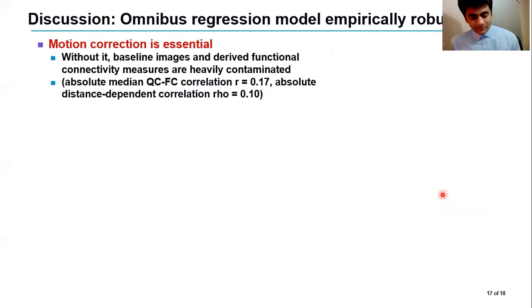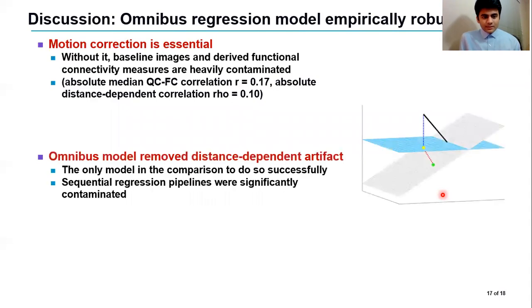So as we've seen from these results, motion correction is essential, because without it, the baseline images and the derived functional connectivity measures are heavily contaminated. Further, the omnibus regression model removed distance-dependent artifact completely, and this was the only model in our comparison to do so successfully. And again, this is likely because sequential regression pipelines reintroduced noise that was removed previously.